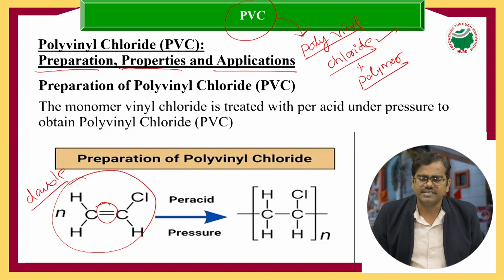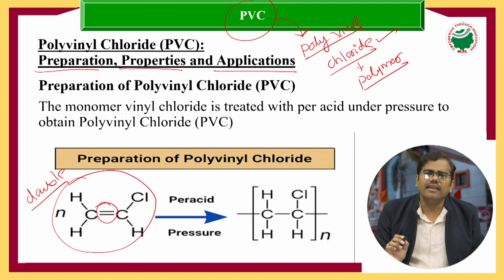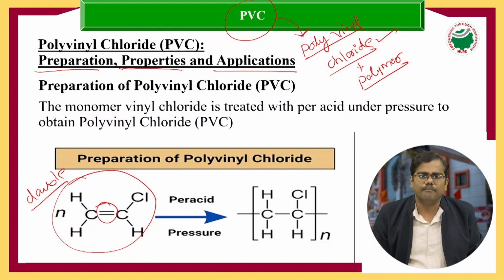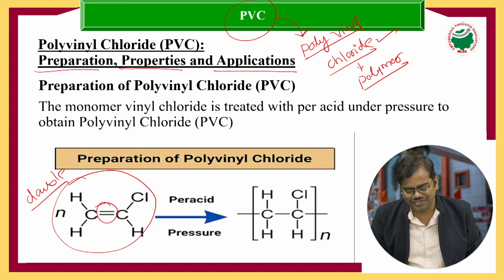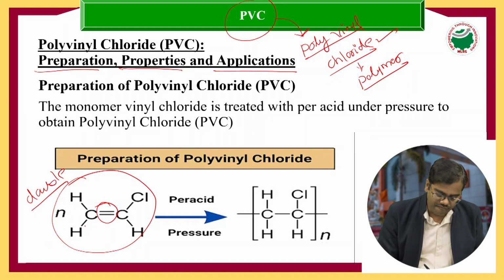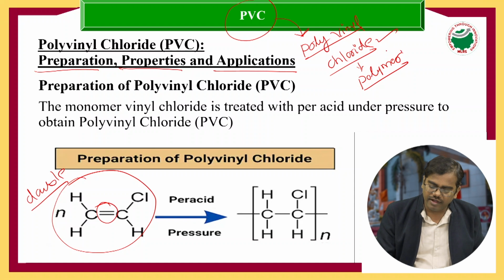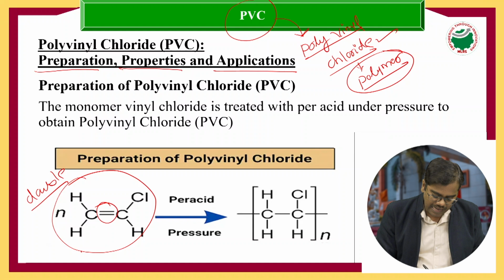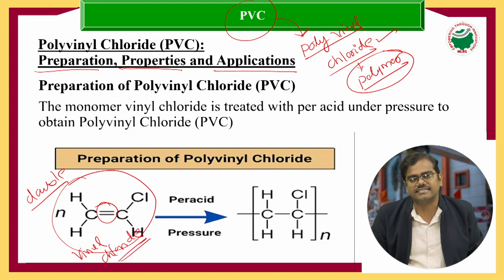So my dear students, the first point is that polyvinyl chloride, the polymer, we can prepare by addition polymerization from vinyl chloride. Polyvinyl chloride is the polymer, but what is the monomer here? Vinyl chloride, which consists of unsaturation.